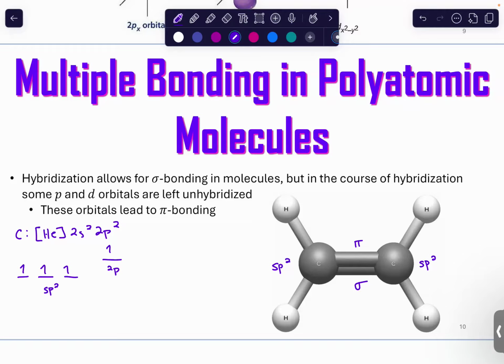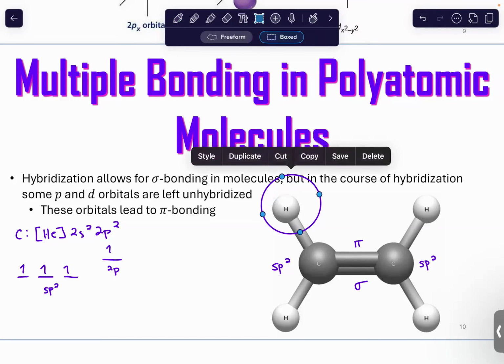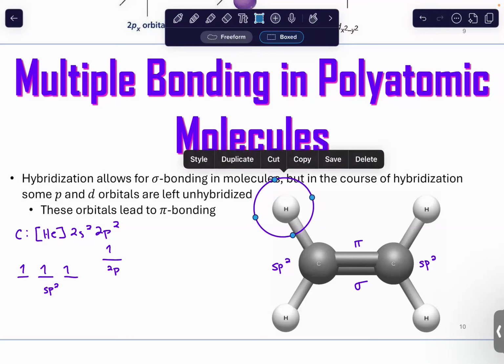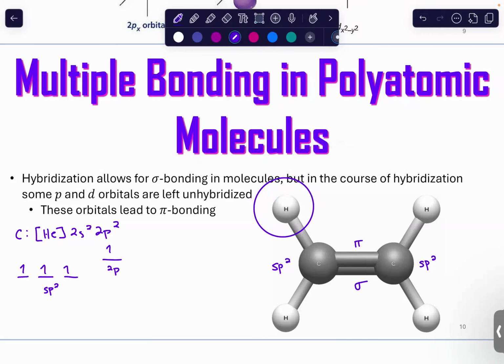This is the way you would set up the box diagram. And then, of course, your hydrogens: you would get your 1s orbital and an sp2 orbital forming a sigma bond. This is how we went about it in Gen Chem, so we start to understand the bonding involved in ethylene.